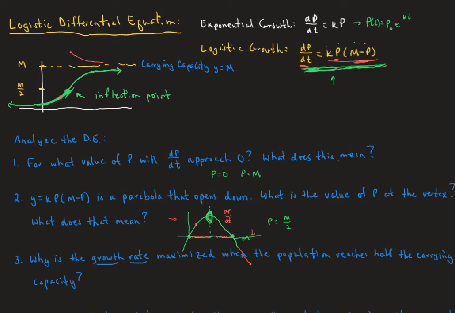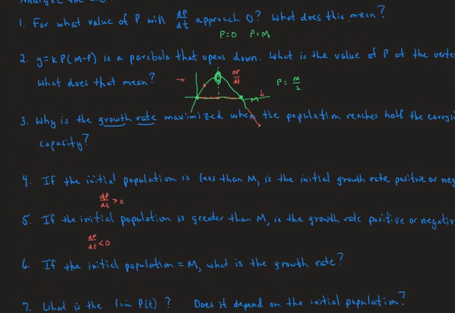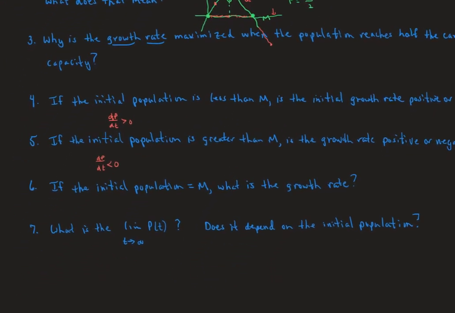If you start below the carrying capacity, it's going to want to grow up until it reaches that carrying capacity. If you somehow start above the carrying capacity, the conditions are going to push it so that you go down towards that carrying capacity, that population will decrease until it gets to be that carrying capacity.